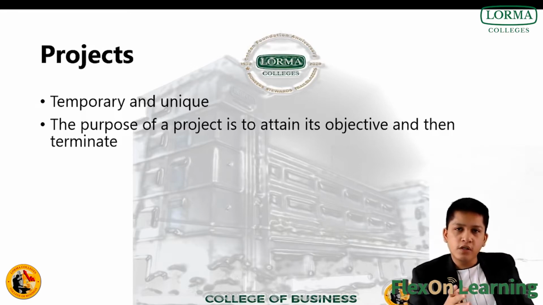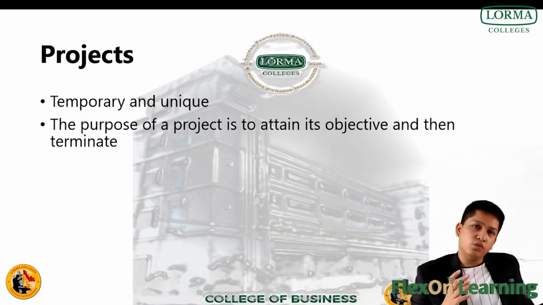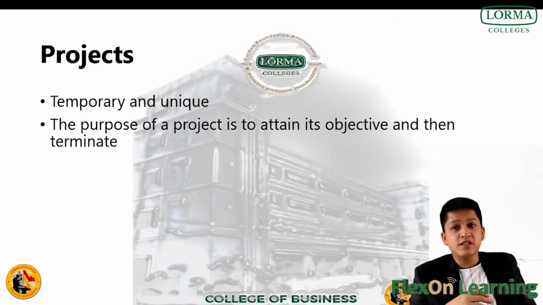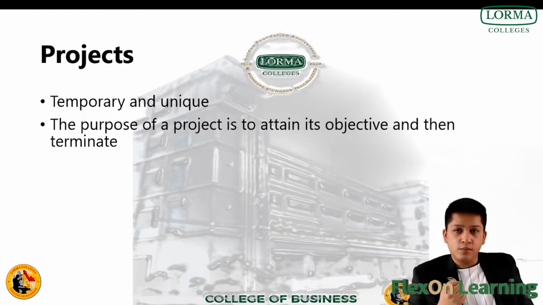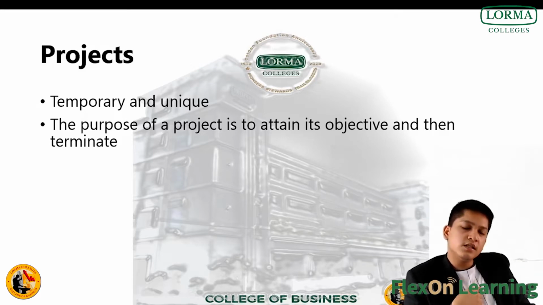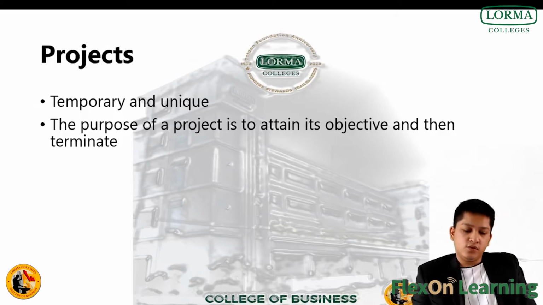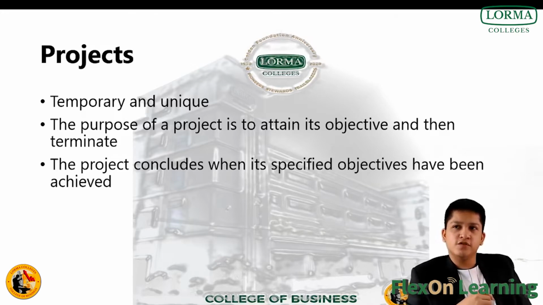For the second image, the wedding, after the wedding there is no next process because the objective was already attained. And lastly, the astronaut on the moon, the objective was already attained and terminated. So that is the difference of operations. I hope you follow the difference, and so let's proceed with our proper discussion.